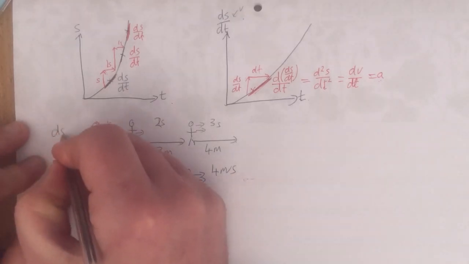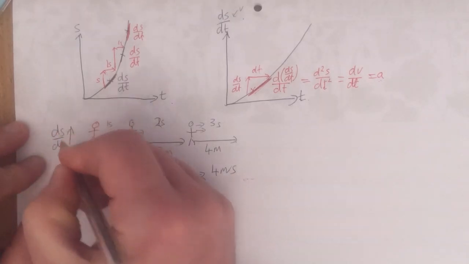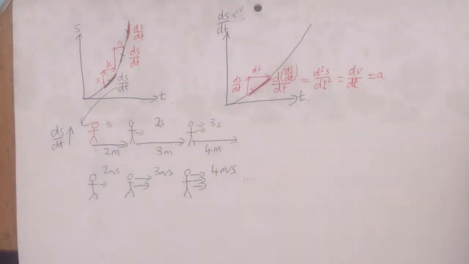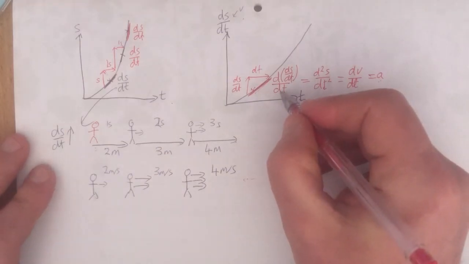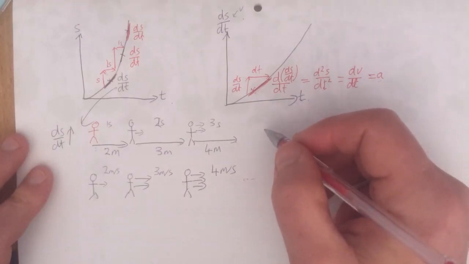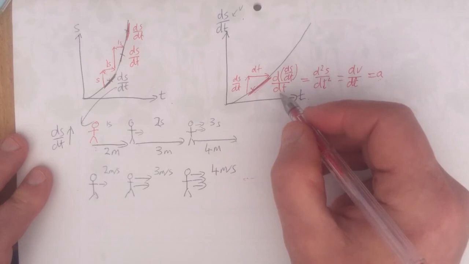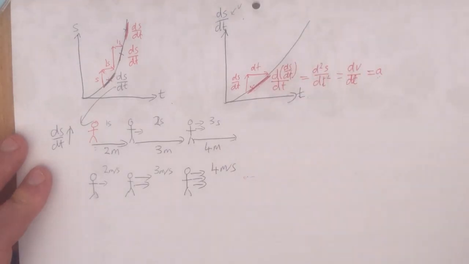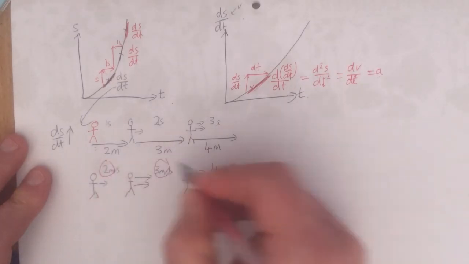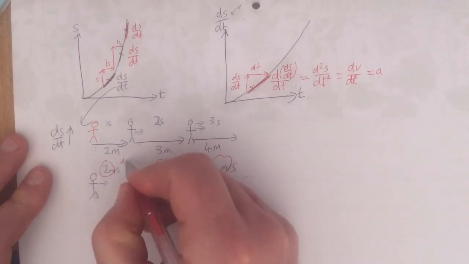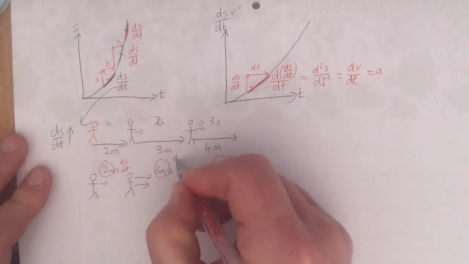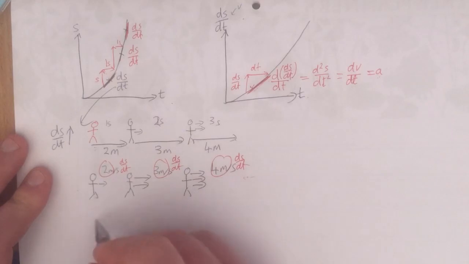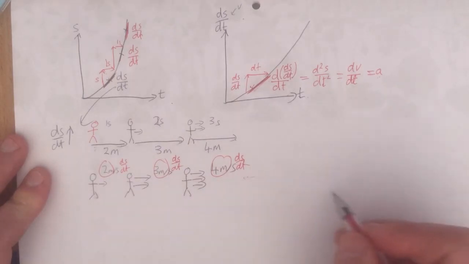So ds by dt is actually increasing, and if we look at then the rate of increase of ds by dt, which is basically the velocity, the rate of increase of the velocity, then that gives us an acceleration. So because the velocity here is increasing too, remember this velocity is effectively ds by dt, then it means that the acceleration is going up too.